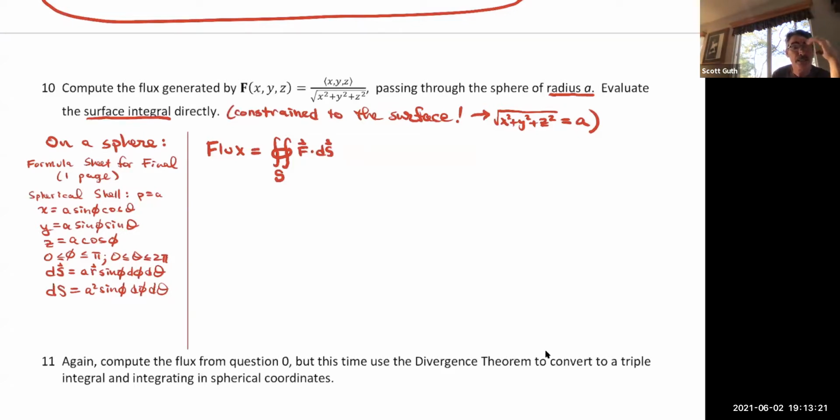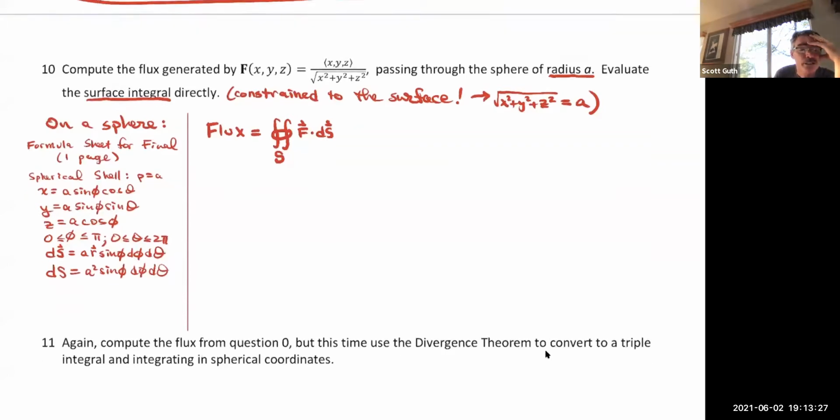Another thing I could add to this is just remember that R is the position vector. So R is just x, y, z here.